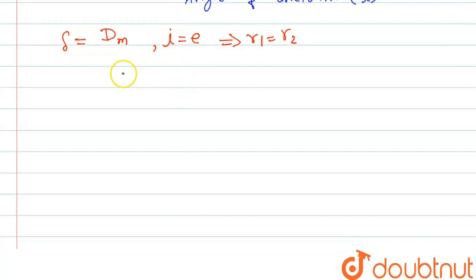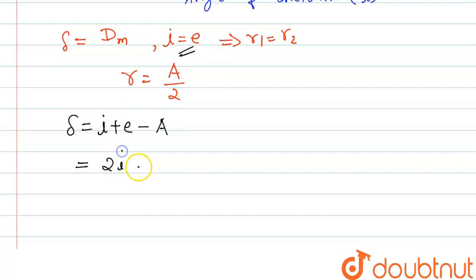So here R is the prism angle divided by 2, and we can write the formula for del, that is del equal to I plus E minus A. So here I is equal to E, so we can write E as I, so this will be I plus I, that is 2I minus A, and instead of delta we can write dm.